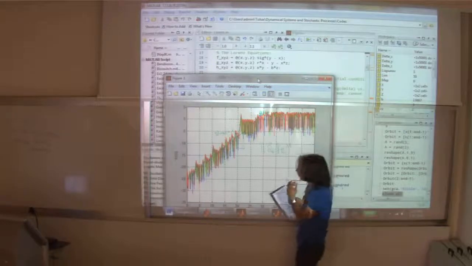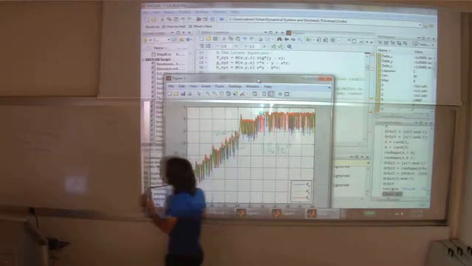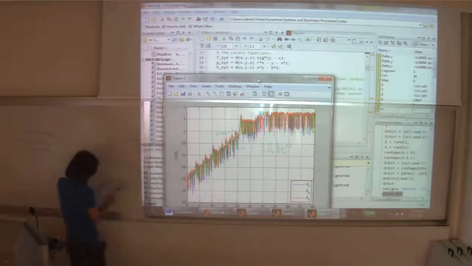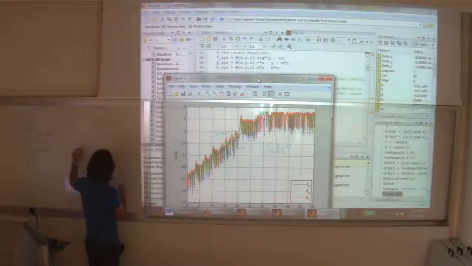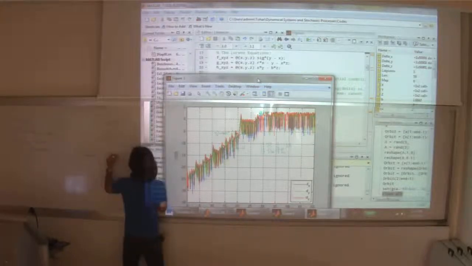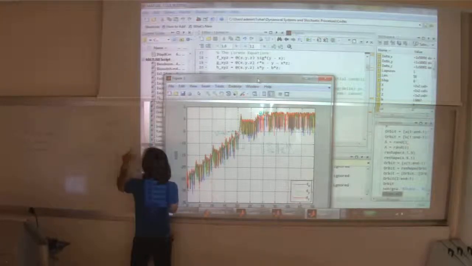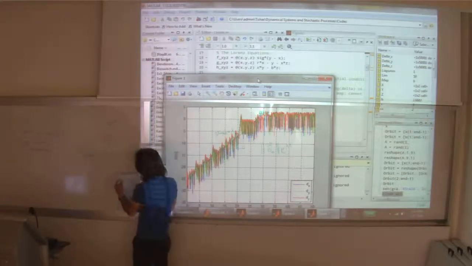So if there is some error that we are willing to tolerate in our prediction, we'll call it A, then the time that our prediction will hold within this error, we call it t horizon. It's of the order 1 over lambda times the logarithm of A over the initial error, and in any case it will be a few multiples of 1 over lambda.